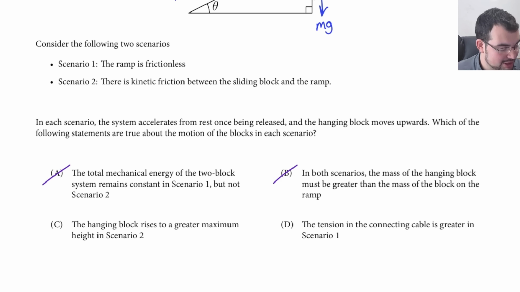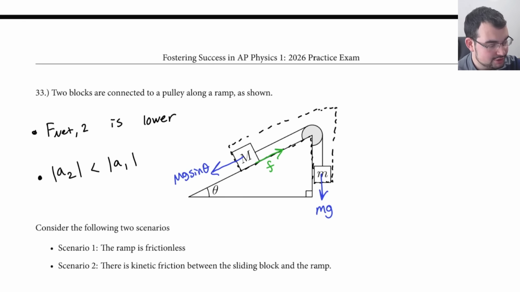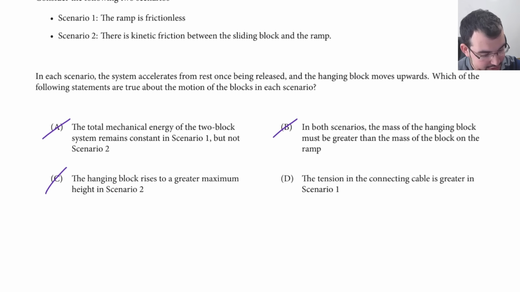Because I'm not driving my system that way. The hanging block rises to a greater maximum height in scenario 2. Well, there's no way that happens, because that's going to relate to energy, and there's no way that more energy gets conserved in scenario 2. So by elimination, that makes it D.